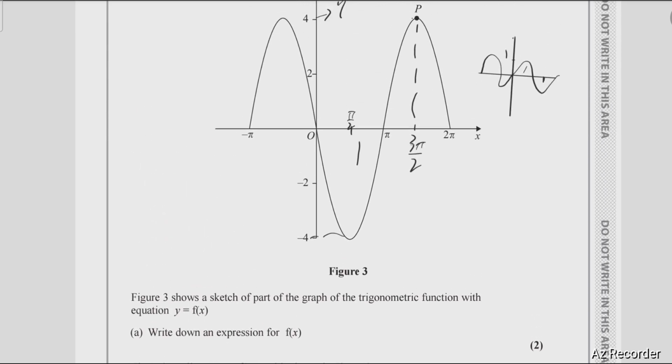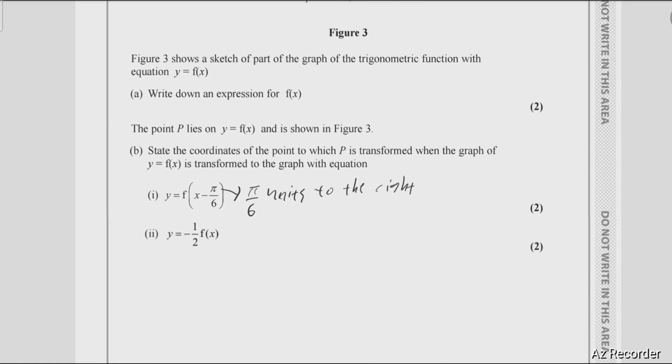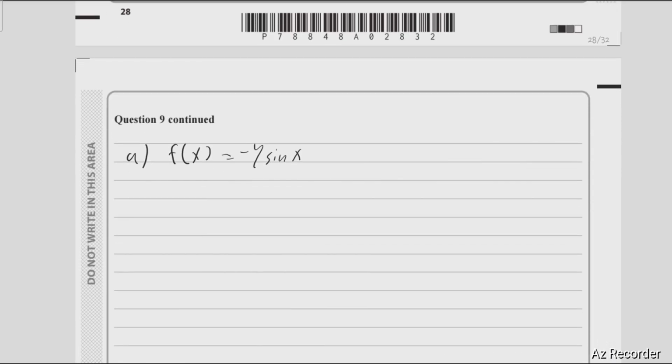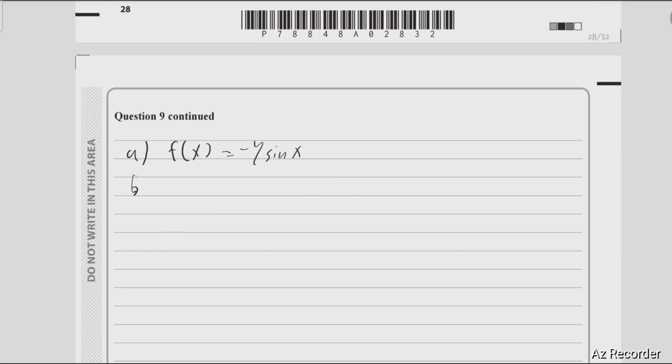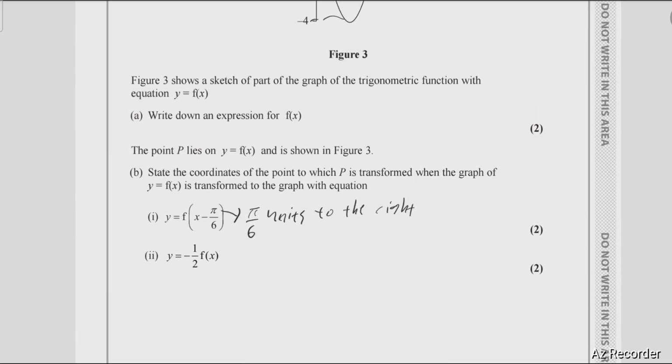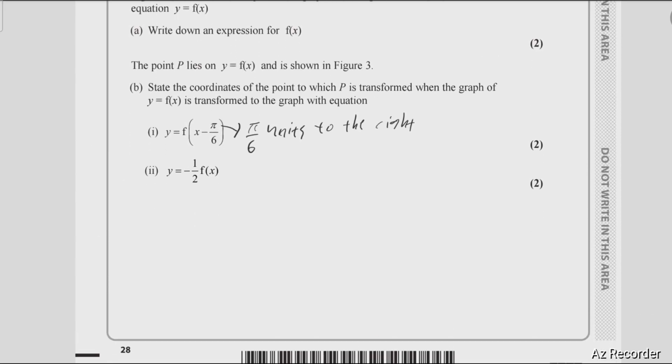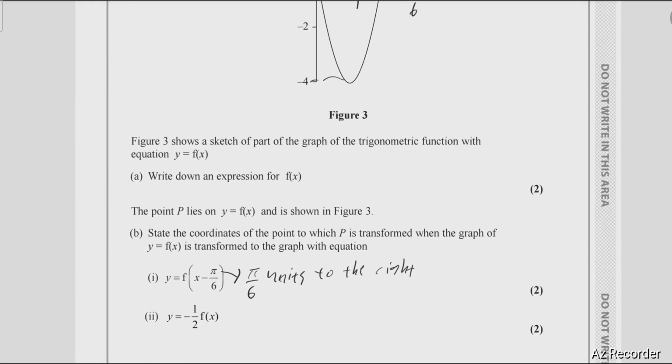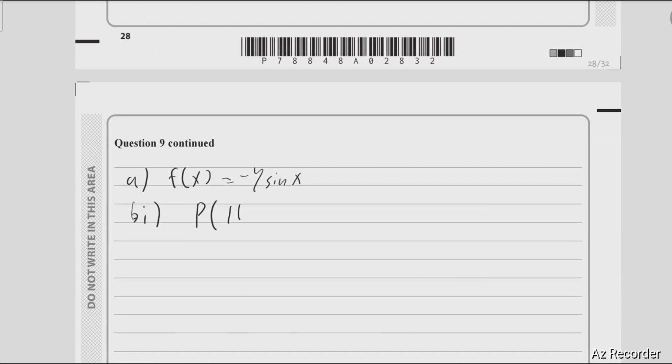So if that's 3 pi over 2, or 9 pi over 6, plus pi over 6, which is 10 pi over 6. So P is 10 pi over 6, or you could simplify it and write it as 5 pi over 3, but I'm just gonna keep it.